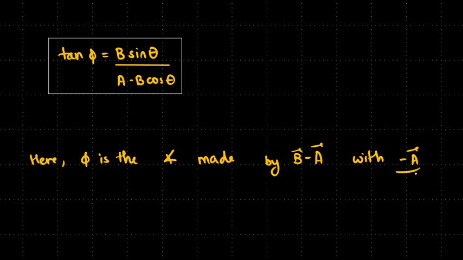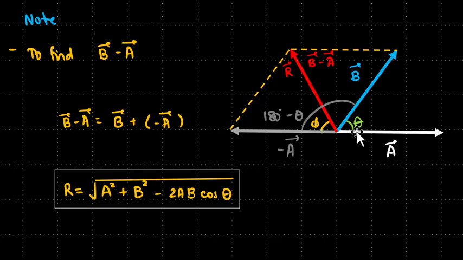This is the angle made with minus vector a. So if there is a question to find the angle with vector a, you need to find this angle, right? So don't get confused. There will be questions where this is the angle made with minus vector a, whereas this is the angle made with vector a as well. Okay, that's a quick thing I think I should have pointed out. So that was the first note.